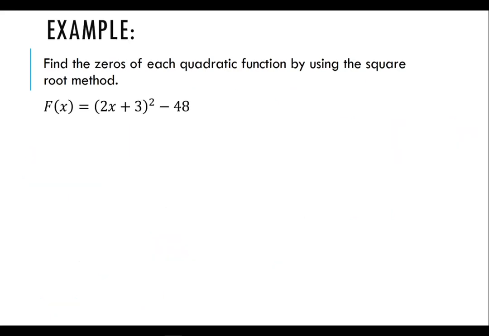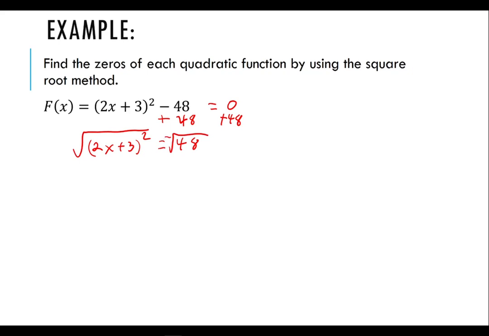Same thing here. Set it equal to 0. Then can we get the squared stuff isolated? And the answer is yes. If I add 48 to both sides, then I get that this is 2x plus 3 quantity squared is equal to positive 48. Take the square root of both sides.